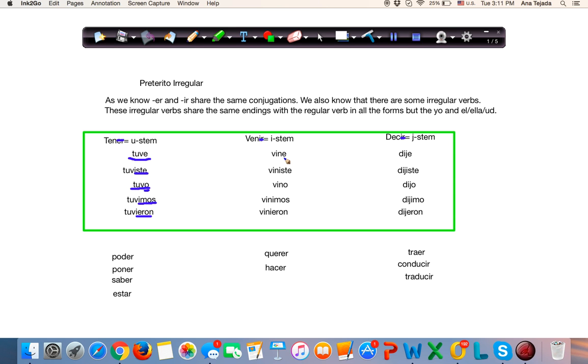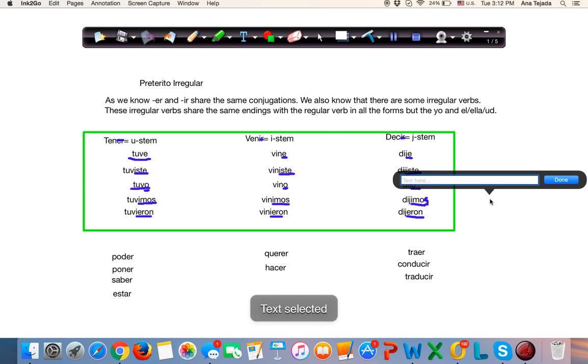And that's the same case for the other verbs: e, iste, o, imos, ieron. Again, e, iste, o, imos. Ooh, missing an S. Imos, ieron.